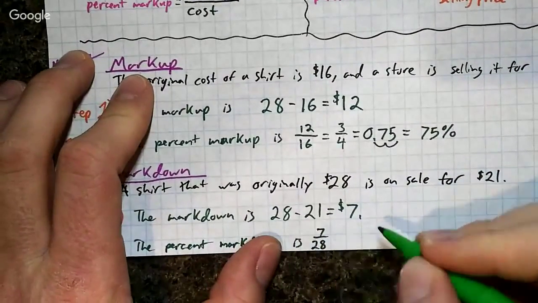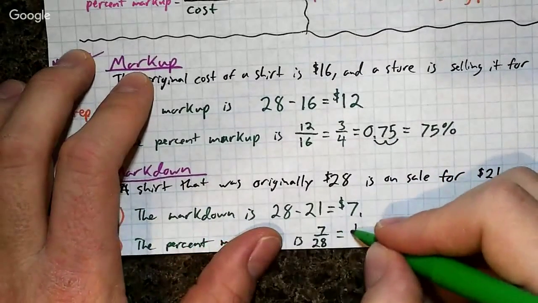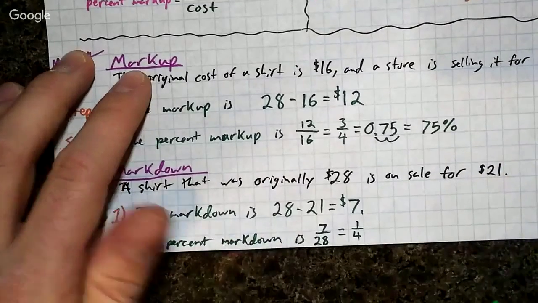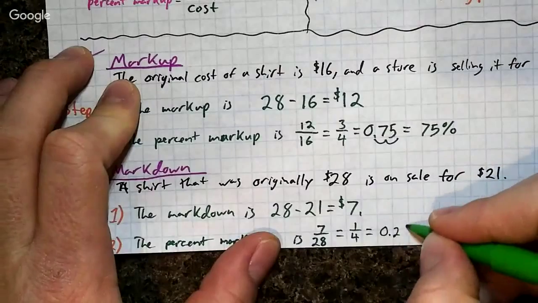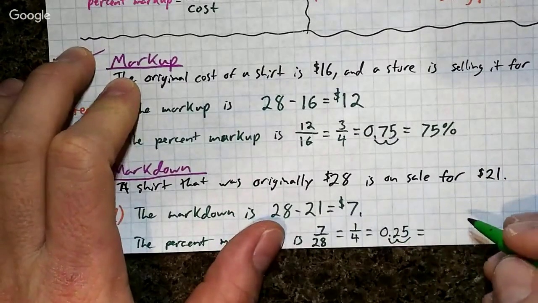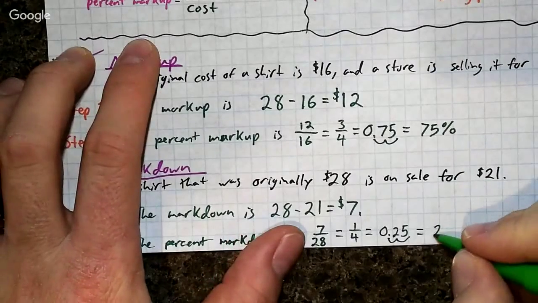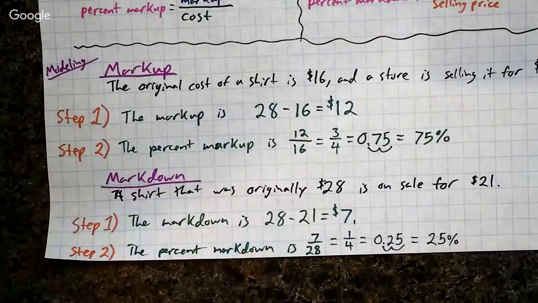Not the sale price, the selling price. That would equal 1/4, which is still not a percentage, so we can't stop there. That equals 0.25, which, if we move the decimal point over 2, which, remember from DIP, is 25%, meaning that shirt is on sale 25% off. You're saving $7 there.